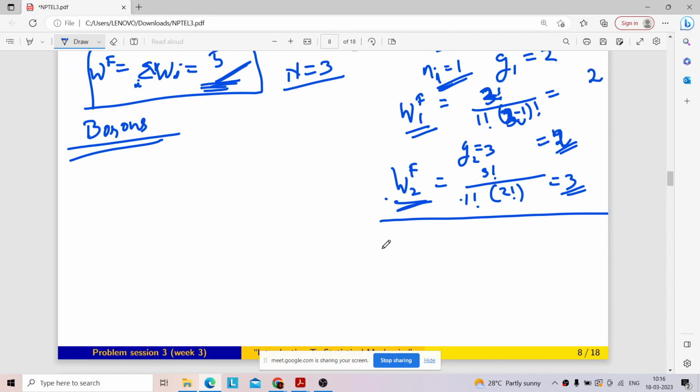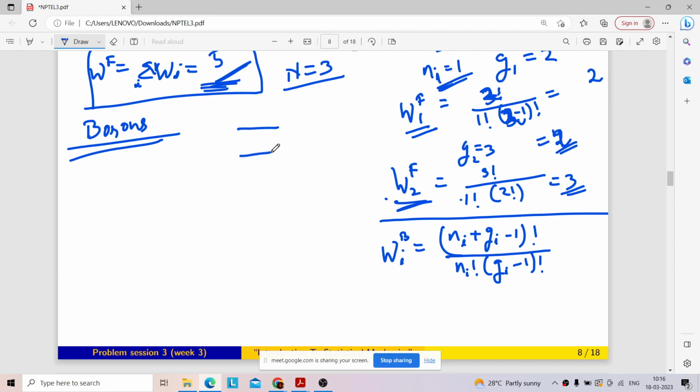For Bose gas, we have (Ni plus Gi minus 1) factorial divided by Ni factorial (Gi minus 1) factorial. So I have bosons now.